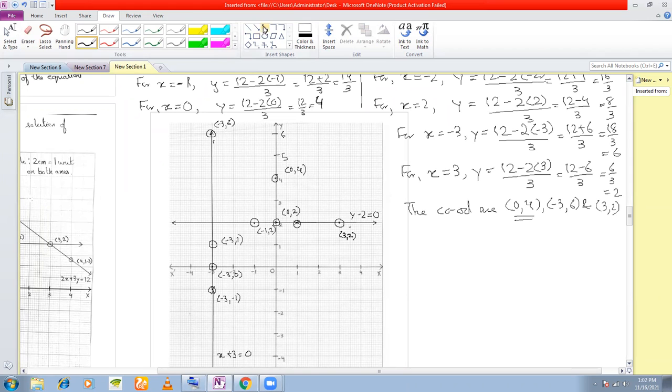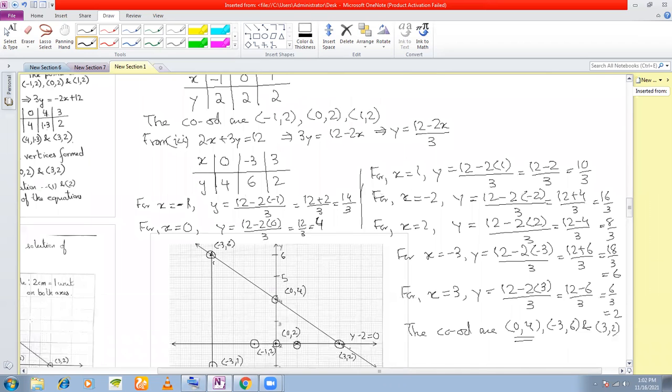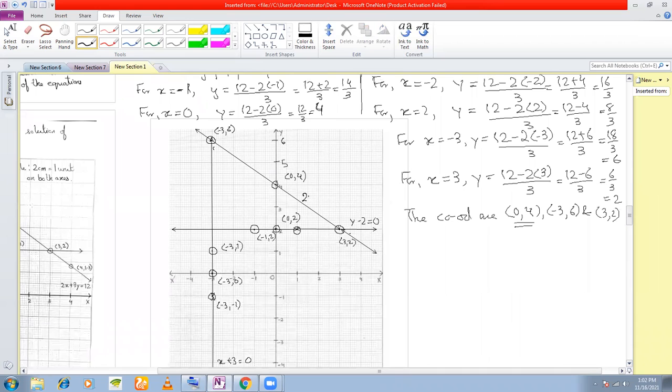No, sir. Now we can join all these three. You have joined these three with the help of a straight line. You have joined all these 3 points. Fine. So we have drawn the lines. Let's label this line also. What was the equation of this line? 2x plus 3y is equal to 12.